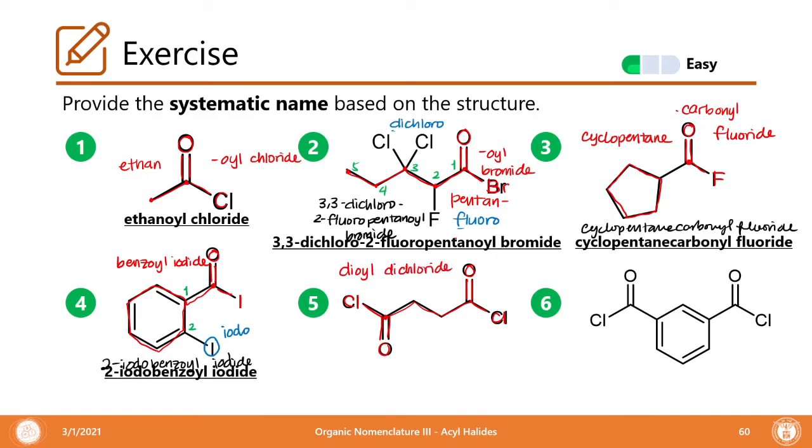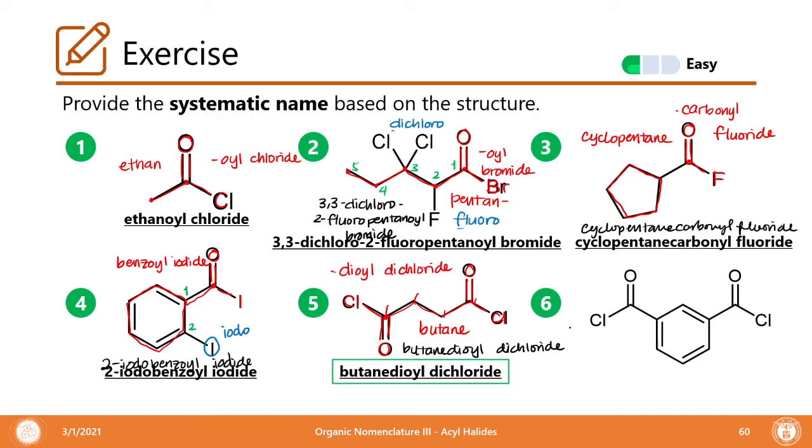So we have a -dioyl dichloride. We have 4 carbons in this parent chain, 1, 2, 3, and 4, so we have a butane parent chain. So, butanedioyl dichloride.